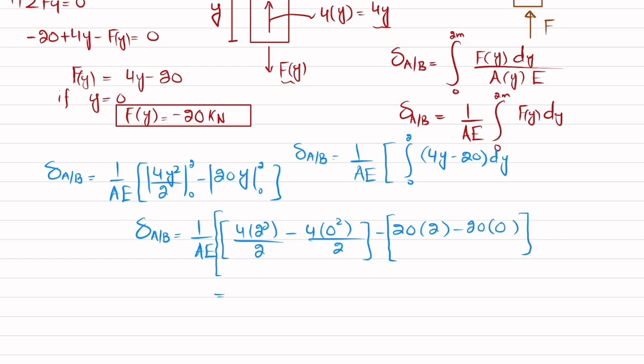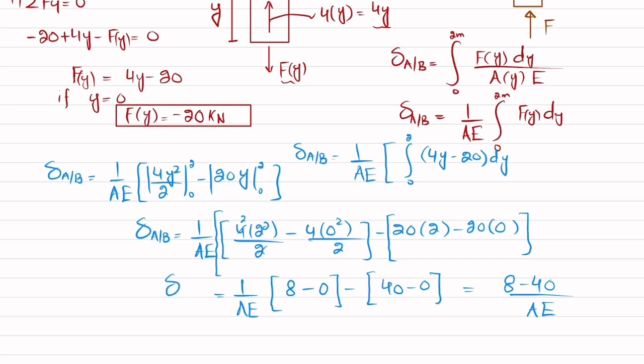So you will get 1 over AE, and 2 ones are 2, 2 twos are 4, 4 twos are 8. So 8 minus 0, minus 40 minus 0. So you will get 8 minus 40 divided by AE. This will be the displacement of point A with respect to B. So we will get minus 32 divided by A into E.